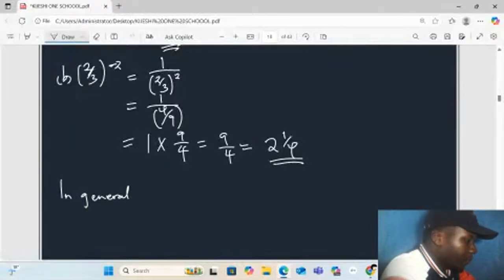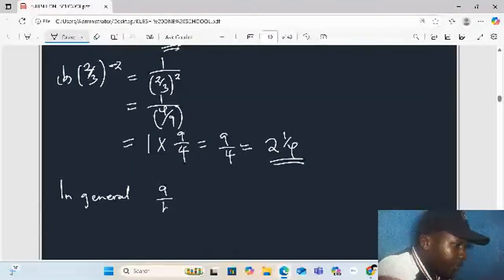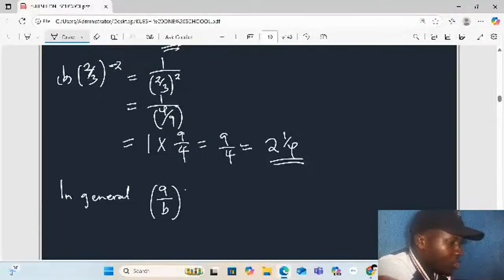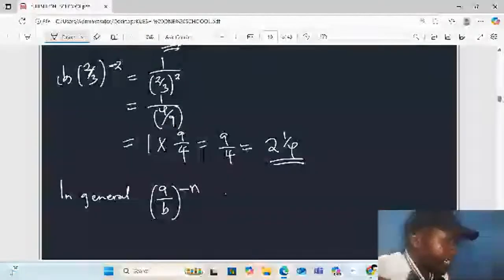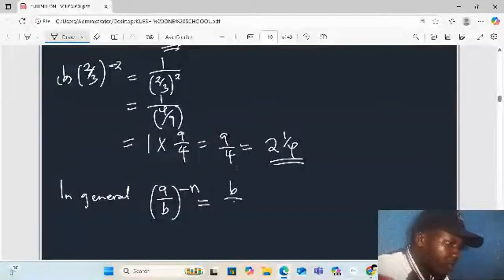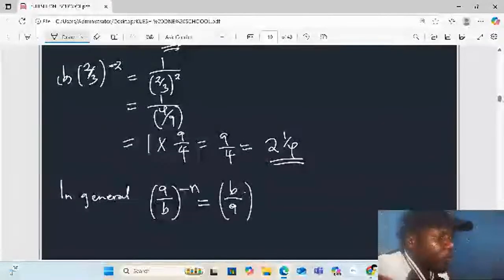let's say A over B, then you raise it to a negative number. Let's have it as negative n. Now that you reciprocate, your answer will become B over A. When you reciprocate from A over B to B over A, the negative sign disappears.